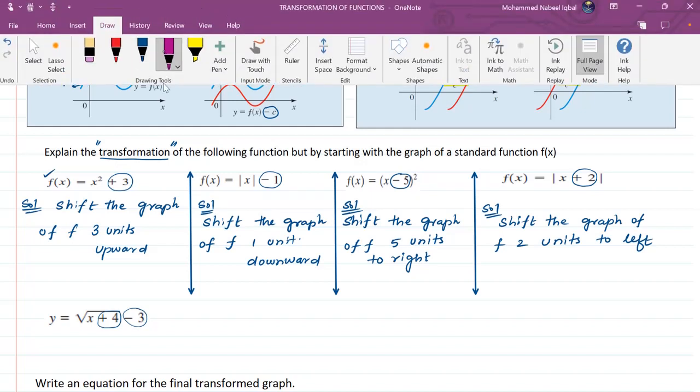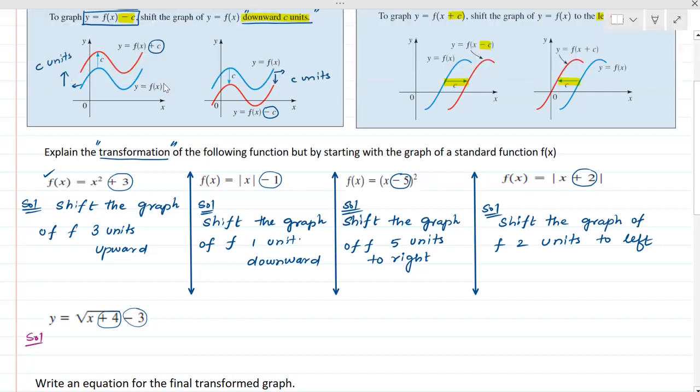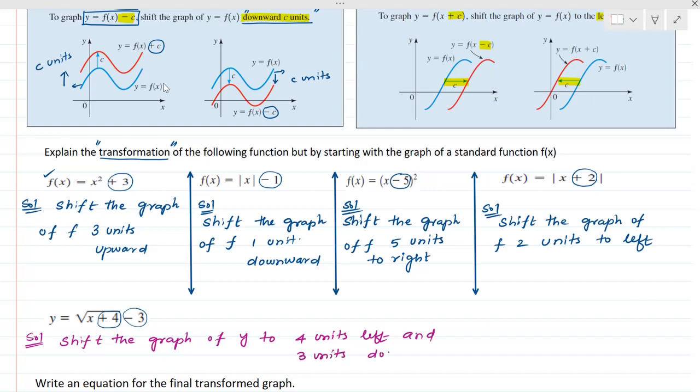Here I will write: first shift the graph of y 4 units to the left, and because there are two translations here, 3 units downward, because it is outside, downward. That's it. So here we have two translations.